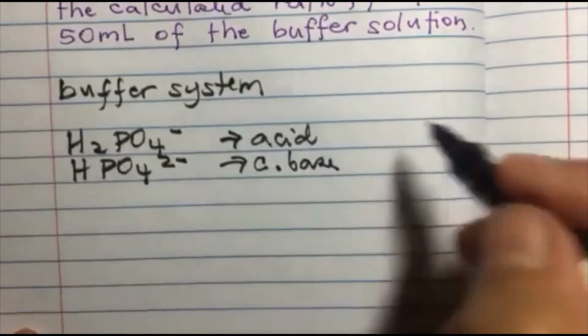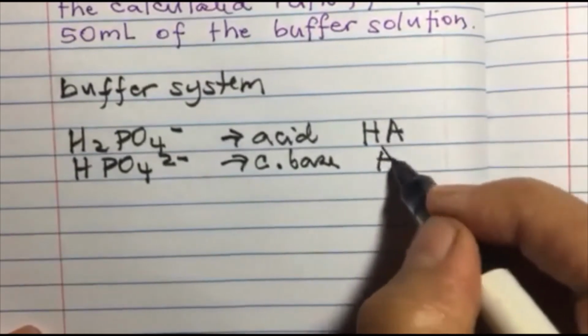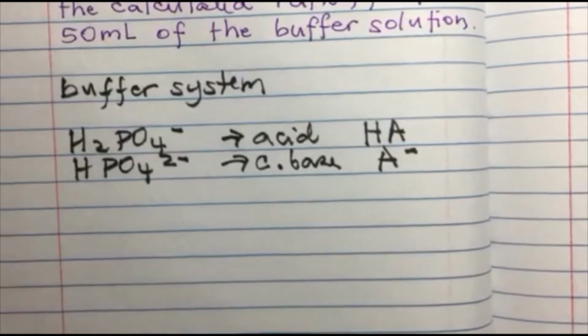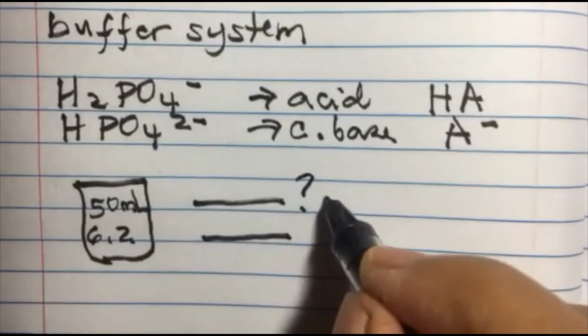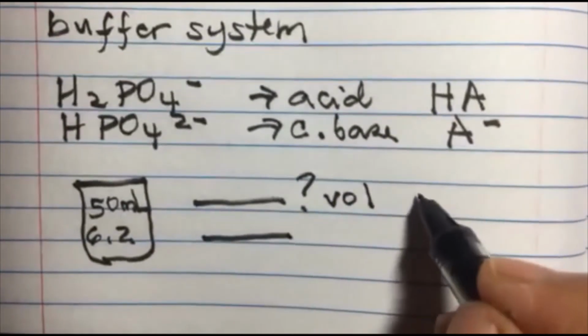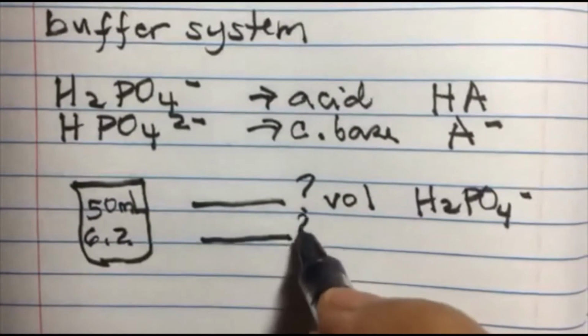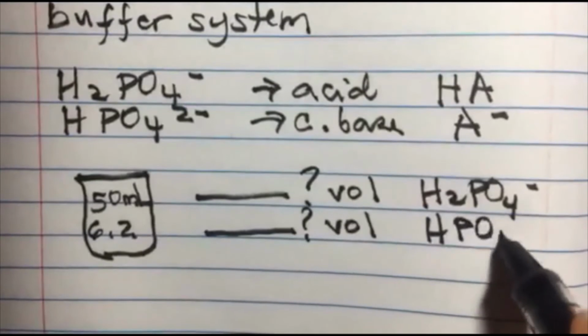So we can represent this one as our HA and this one as our conjugate base A-. So our ultimate problem here is how much volume we need for our dihydrogen phosphate and how much volume for the other.